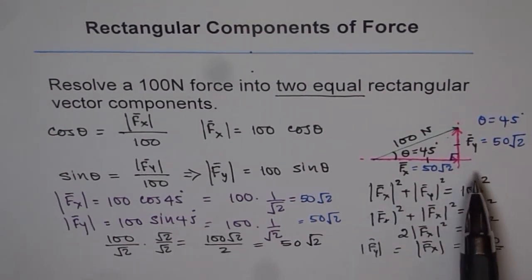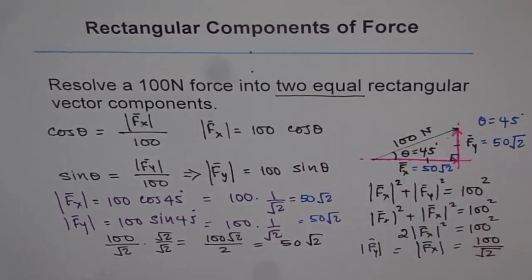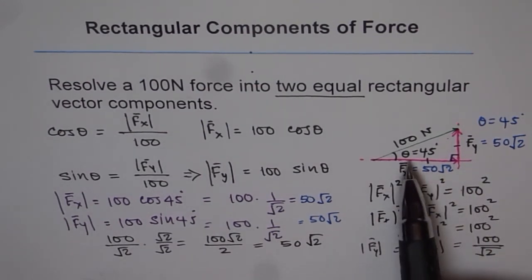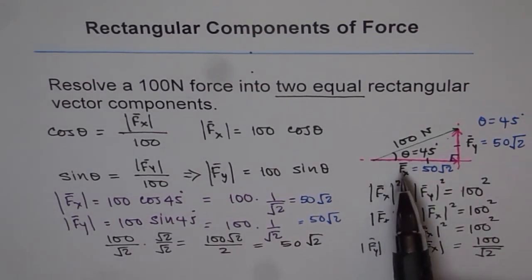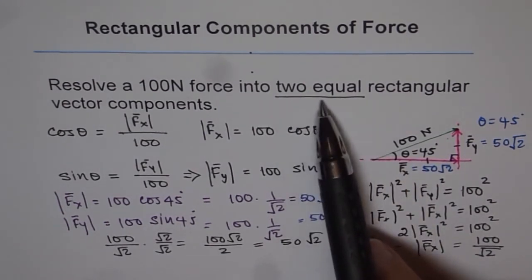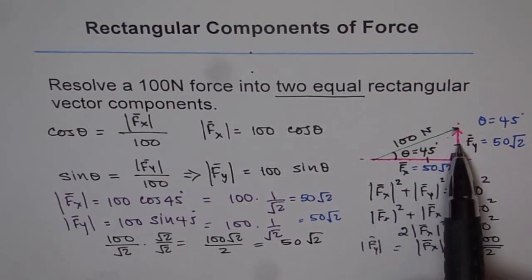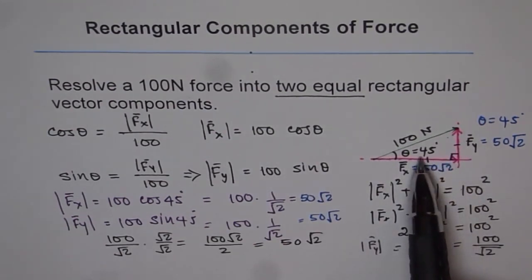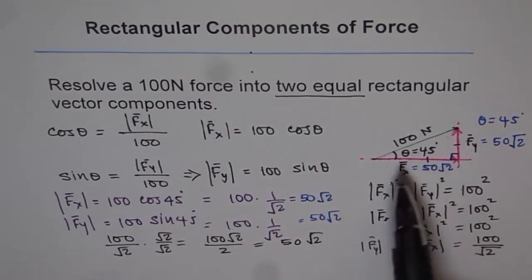That ensures that the magnitude of the resolved components is exactly the same, right? I hope you understand with this how to resolve force into its components. So we started with a very general solution. The theta could be any angle. Since it was given to us that they are equal, we took both sides as equal, and that is possible if the triangle's angles are also equal, right?